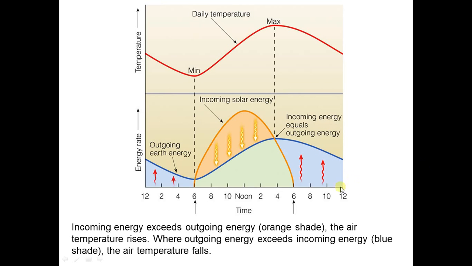So outgoing Earth energy is in blue, incoming solar energy in orange. Where you see the orange shade here, it's where there's more incoming solar energy than outgoing energy. And that typically starts just after sunrise, and it ends sometime in the afternoon, usually.